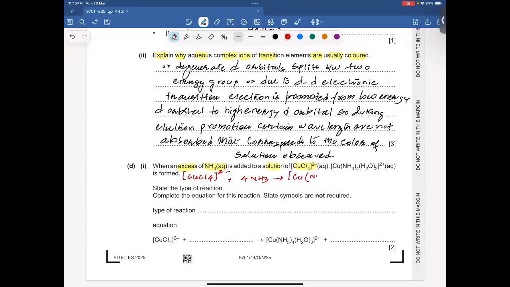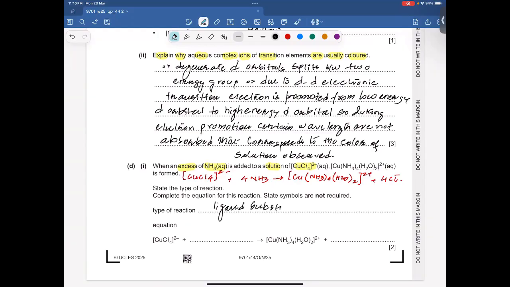And because of that, we'll get this complex. Okay. So the type of reaction is basically ligand exchange or ligand substitution reaction.